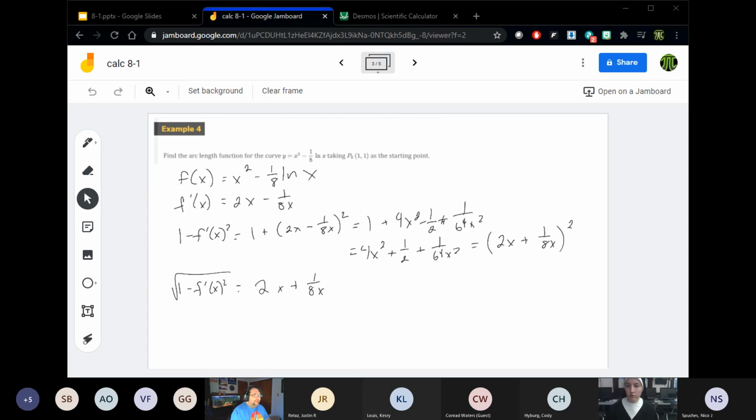So when I do my integral piece, I'm literally just going to be looking at that part there, which makes it a little nicer to look at. So now my arc length formula, s of x, is the integral from 1 to x of, in this case, 2t plus 1 over 8t dt.